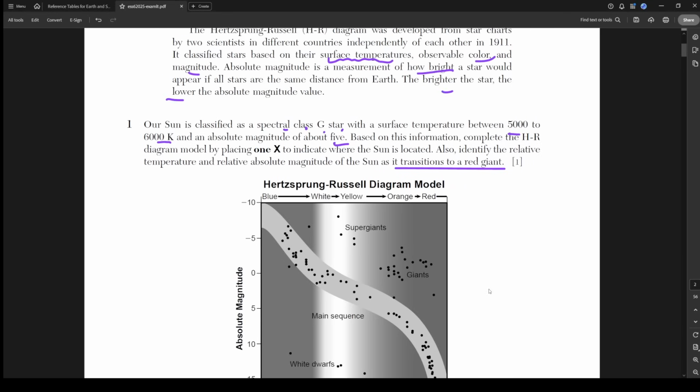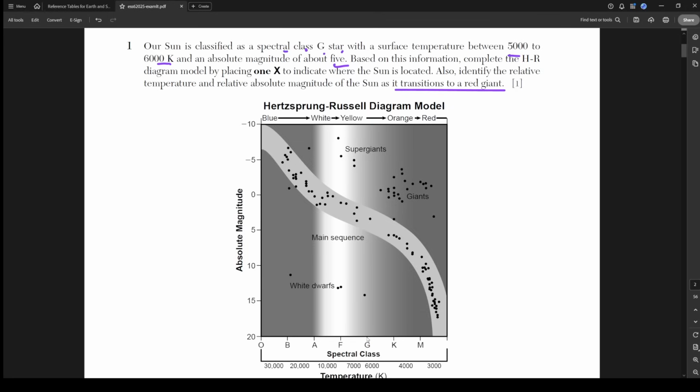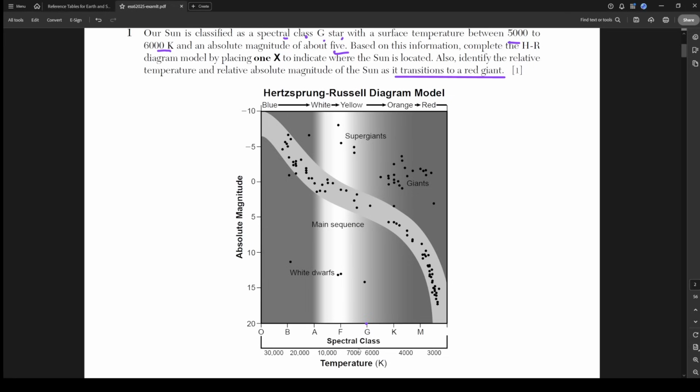Okay, so a two-parter. We'll do one at a time, not to get ourselves confused. So we need to go spectral class G, so that's here, between 5,000 to 6,000 K. So here's 4,000, here's 6,000.